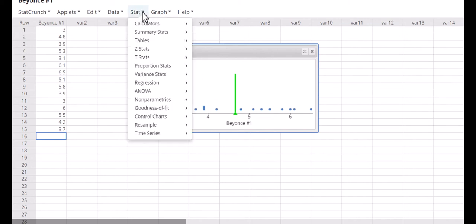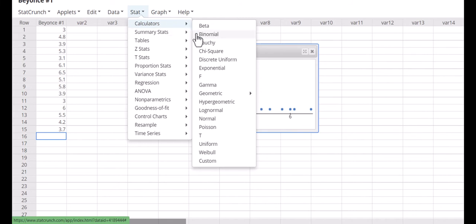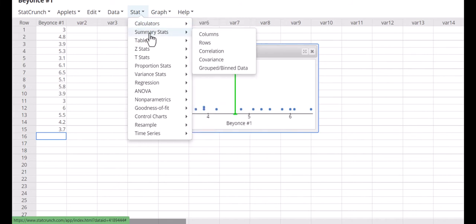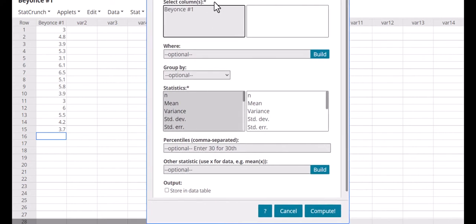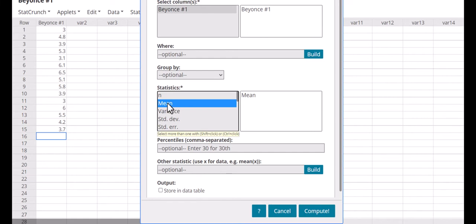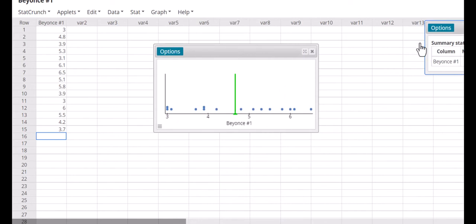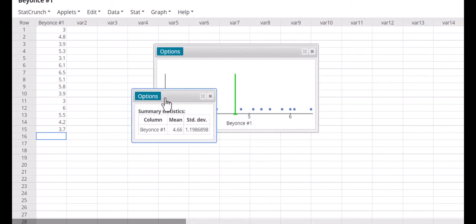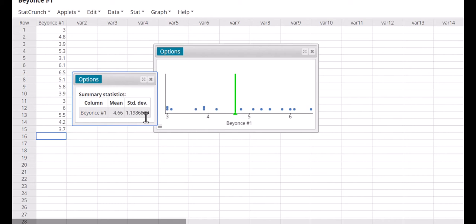The other way that we can do it is to go to Calculators, Summary Stats, and Columns. Select the column we want, Beyonce number 1, and then select the mean. I'm also going to select the standard deviation because I want to see the variability. Then compute. So here is our mean and our standard deviation: 4.66 and a standard deviation of 1.19.